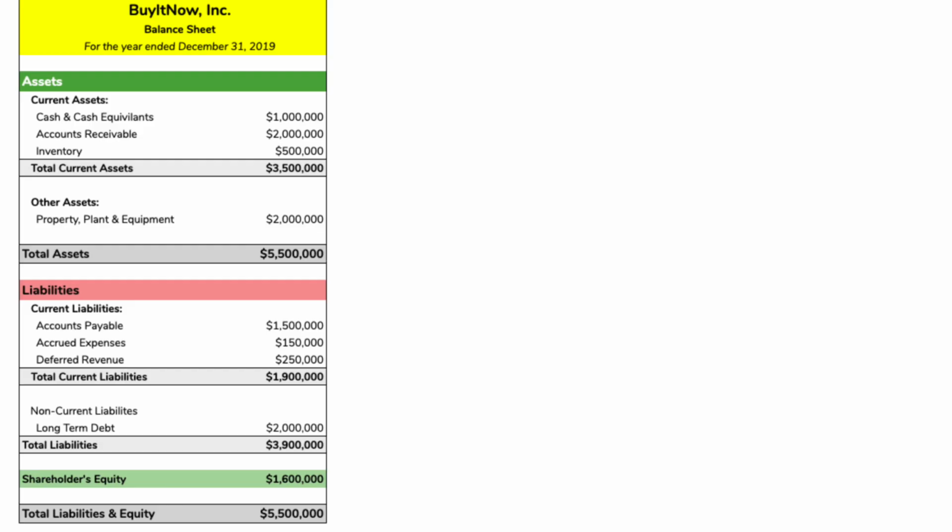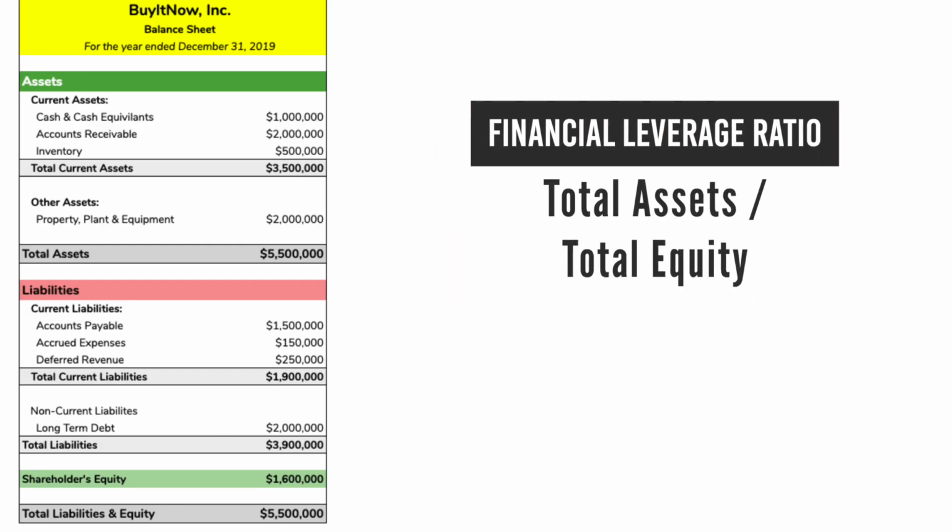So now that we've covered three of the KPIs that we want to cover today, we're on to the last KPI, which is the financial leverage ratio, which is very similar to the last KPI that we covered, the debt to asset ratio. But this one looks at it a little bit differently, in terms of a multiple. So let's look at the formula. The financial leverage ratio is total assets divided by total equity.